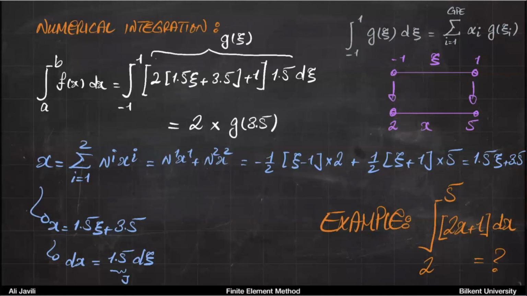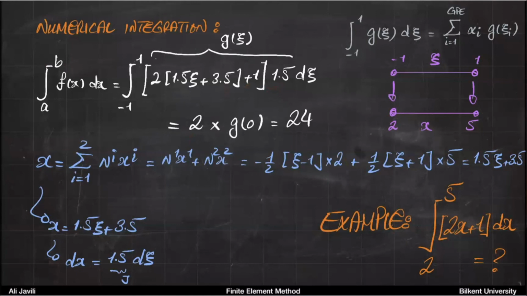Sorry, in this case, you're writing G in the natural coordinate, so it's at 0. So you insert c equals 0, then this term will vanish. Then you have 2 times 3.5, that's 7, plus 1, 8. 8 times 1.5, that's 12. Times 2, that's 24. So we integrated this thing to be 24.